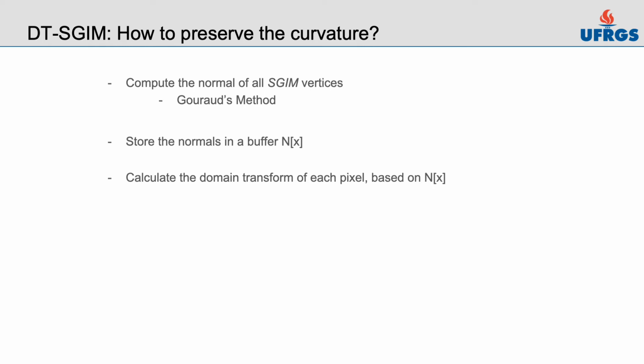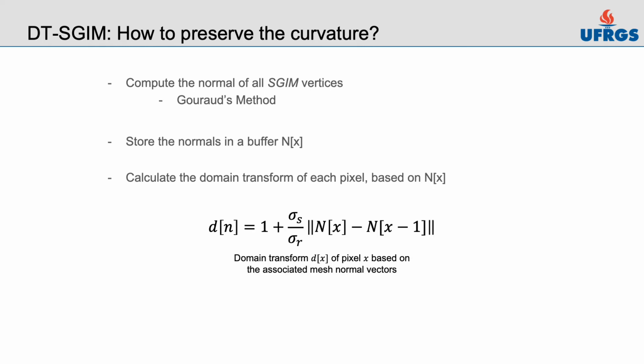The domain transform for our filter is given by this equation. Note that the domain transform depends on the normal of the vertex associated with each pixel of the geometry image. This is what guarantees the curvature preservation. Also note that this is not the original domain transform equation defined by the domain transform filter. It was adapted for the purposes of our filter.